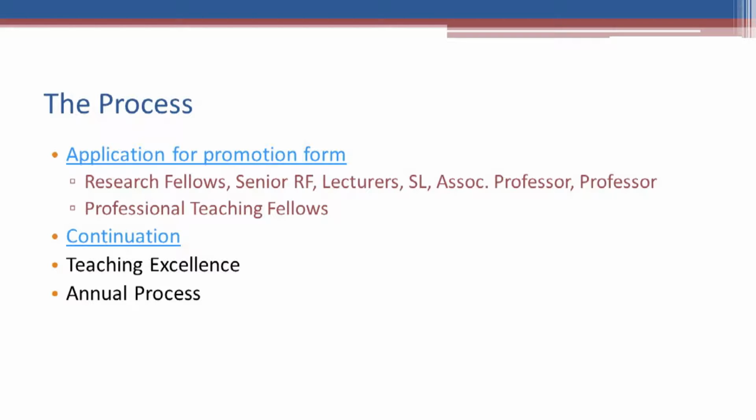There's a separate application form for continuation, and there are various teaching excellence awards. There are national teaching excellence awards, which I'm sure you're aware of, but the university also has its own teaching excellence awards. Very often you're asked to provide a teaching portfolio to address the criteria for each of those processes.